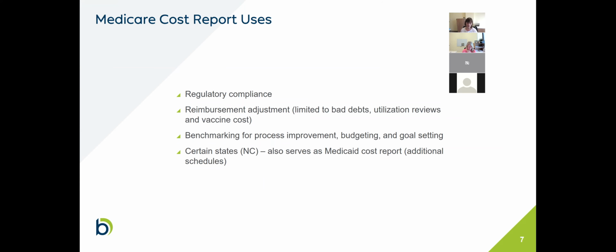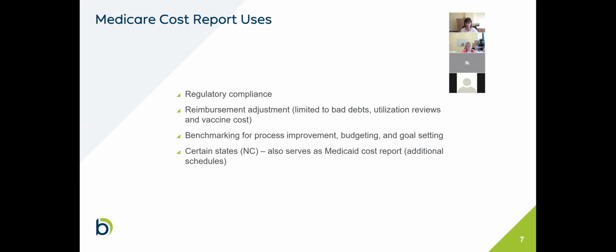Another good reason, since we are already required to have a regulatory compliance element and we are preparing the cost report anyway, there's some benefit in taking a deeper look at that and using that tool that is available to us for other tasks. So we look at process improvement, budgeting, goal settings. We have an incredible database of benchmarks because we can see all Medicare cost reports filed nationwide.